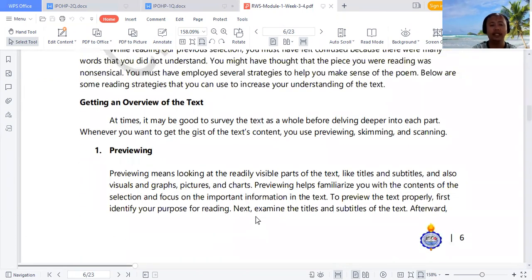Getting an overview of the text. At times, it may be good to survey the text as a whole before delving deeper into each part. So what is delving?